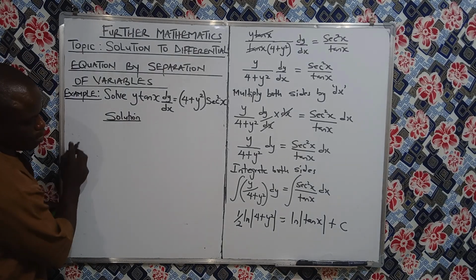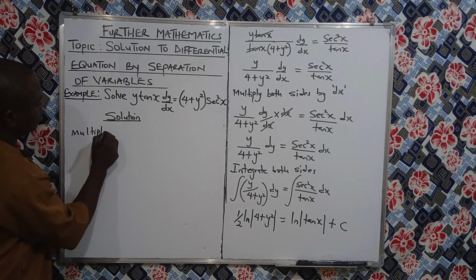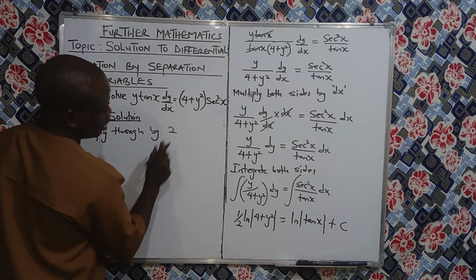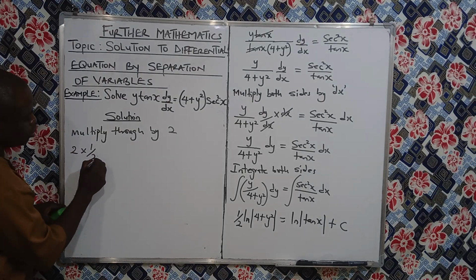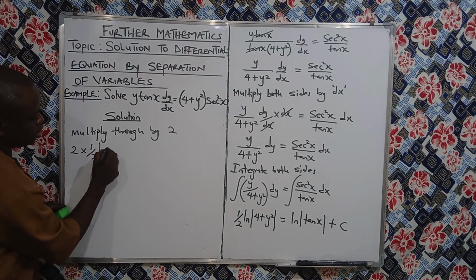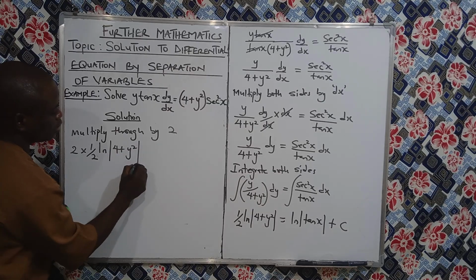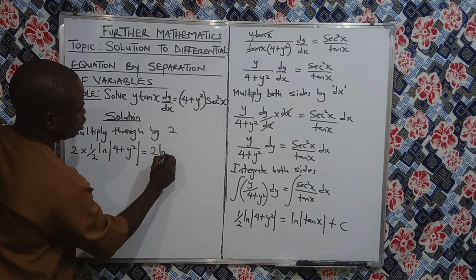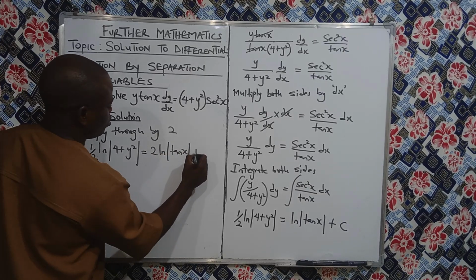Now you multiply through by 2 so that this half can cancel out. Now 2 times 1 over 2 lane 4 plus y squared equals 2 lane tan x plus c.